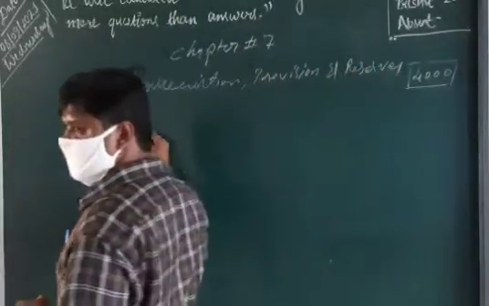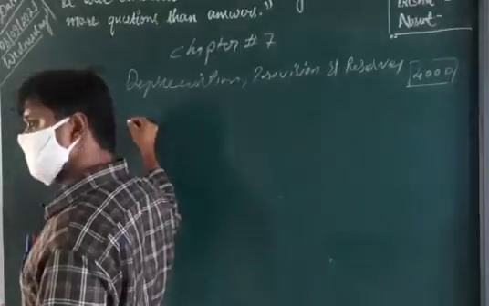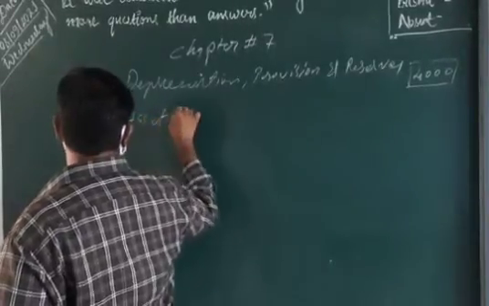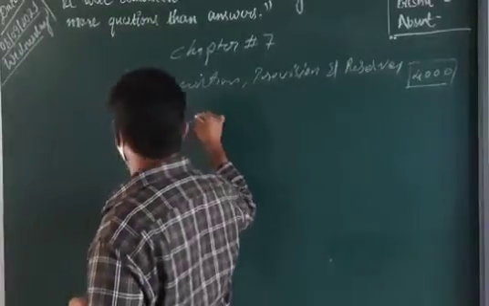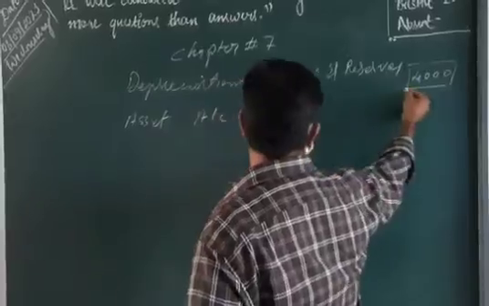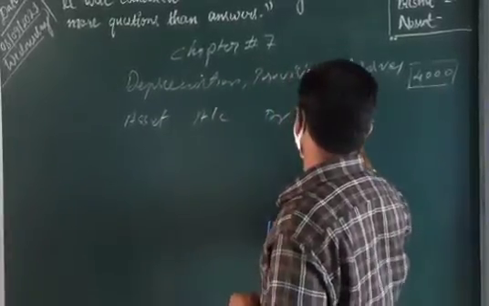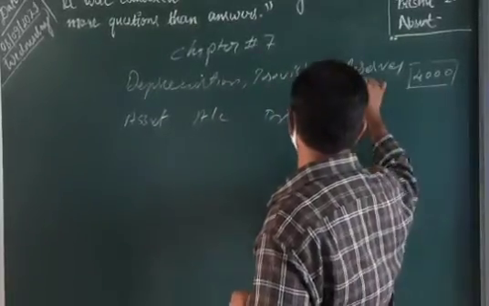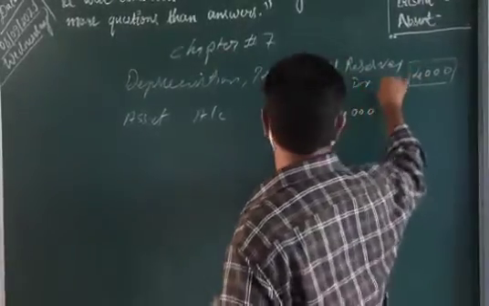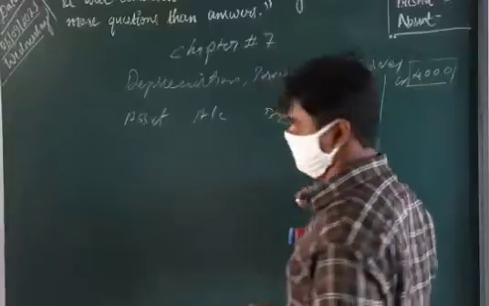Then we write the journal entry. The asset is the bicycle, so we can write bicycle or asset account debit. How many rupees? 4,000. This is the debit column. Debit column and credit column are there, so in the debit column we write 4,000.